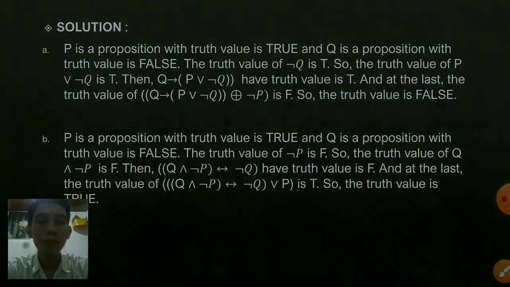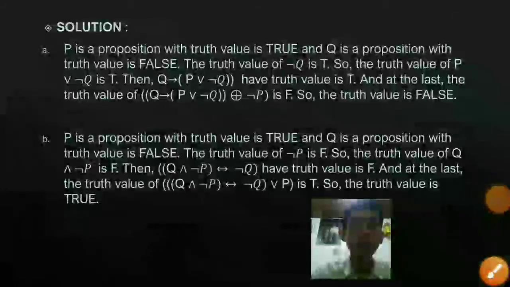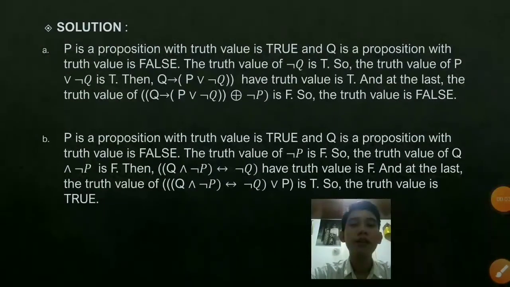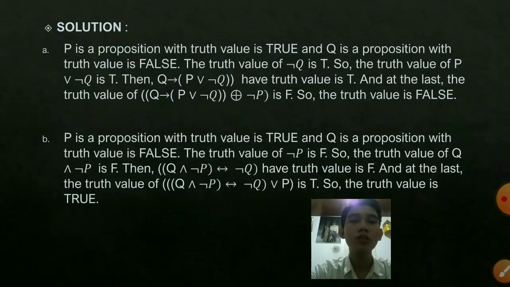The solution. A. P is a proposition with truth value true and Q is a proposition with truth value false. The truth value of not Q is true. So, the truth value of P or not Q is true.